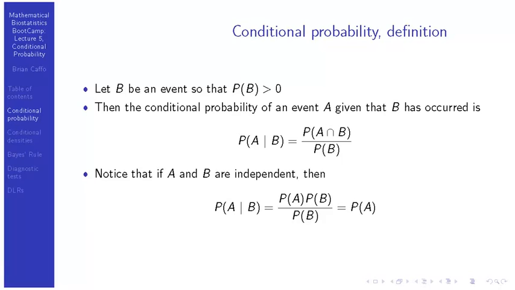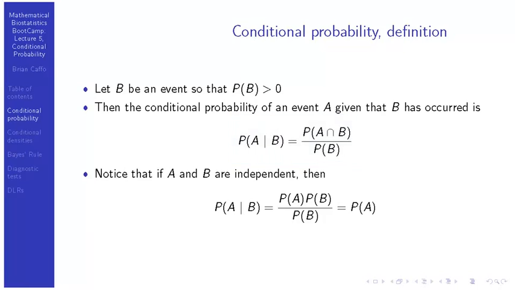Just to put this in words, it makes no sense to talk about the probability that a coin is head given that the coin is on its side if you're not going to allow for the possibility for the coin to land on its side. So the definition of the conditional probability of the event A occurring given that the event B has occurred is the probability of the intersection divided by the probability of B.